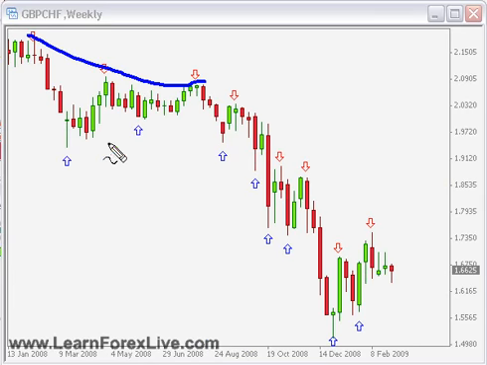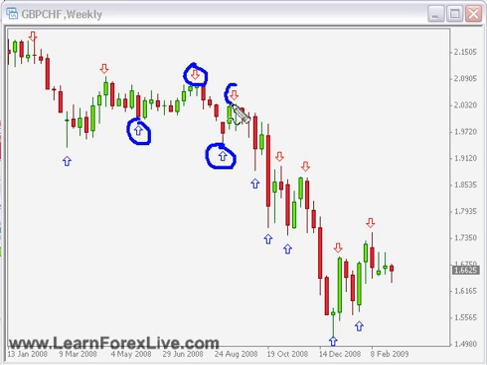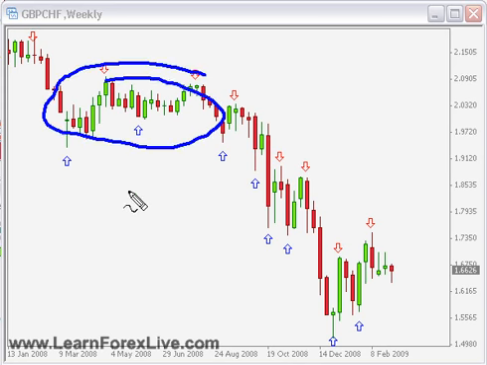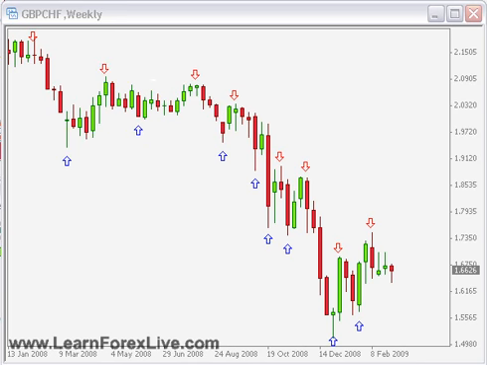So, congestion area, guys. We are not making lower swing highs anymore. What do we need to do? We need to begin making lower swing highs and lower swing lows again in order to confirm that the downtrend is resumed. Now, the question is, how exactly do we determine whether the downtrend is resumed, or in other words, whether the congestion area, the triangle we were just talking about, has given way or has been broken?